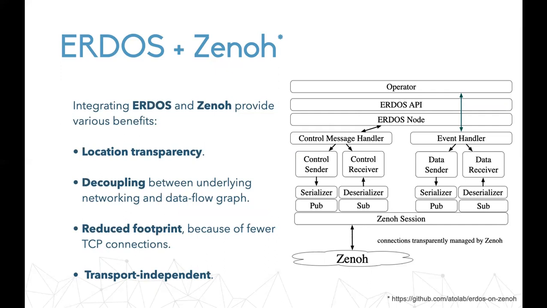This also introduces some decoupling between the underlying networking infrastructure and the data flow graph, because there is not this one-to-one mapping between them, but we leverage Zenoh, which manages all the underlying networking, and then we have our data flow graph based on subscriptions and publications. We also reduce the footprint because we can have fewer TCP connections, and we gain transport independence because, as I said, Zenoh can run on different transports.